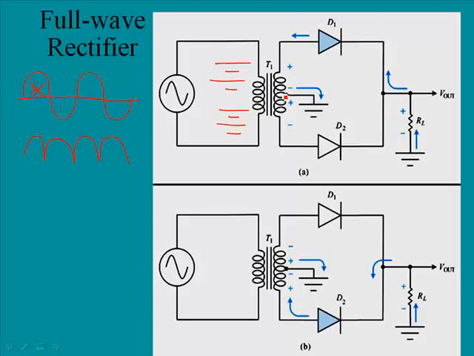Notice that the ground is connected to this side and then to this side here. We have a positive going directly to this diode and a negative going directly to this diode. Now, a transformer does not represent two DC sources, but sometimes it's easier to understand the current flow if we look at it in terms of the batteries.